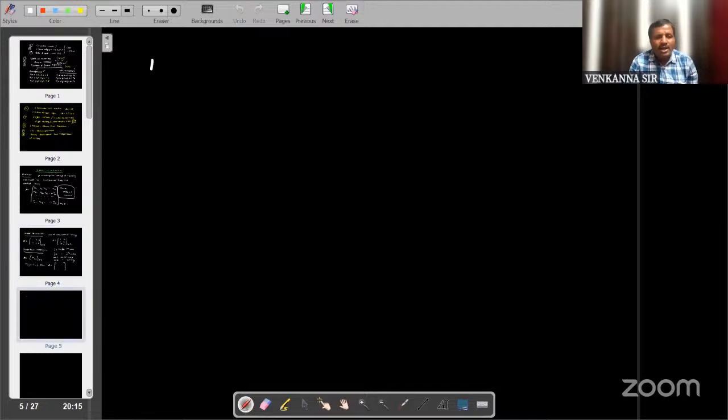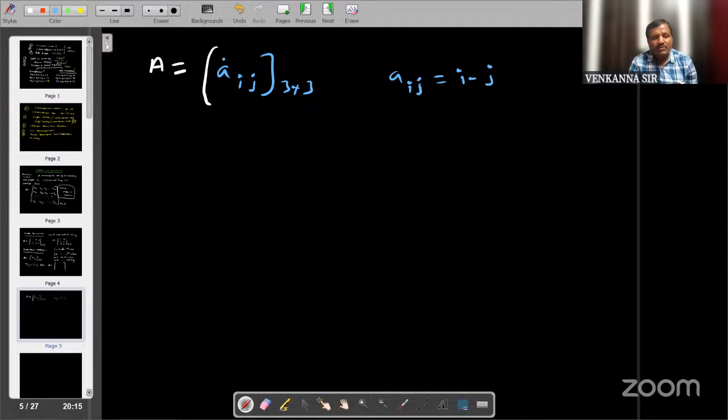A equals aij with order 3 by 3, where aij equals i minus j. Then what is the matrix A? If it is a 3 by 3 matrix, how many elements will you get? 9 elements.